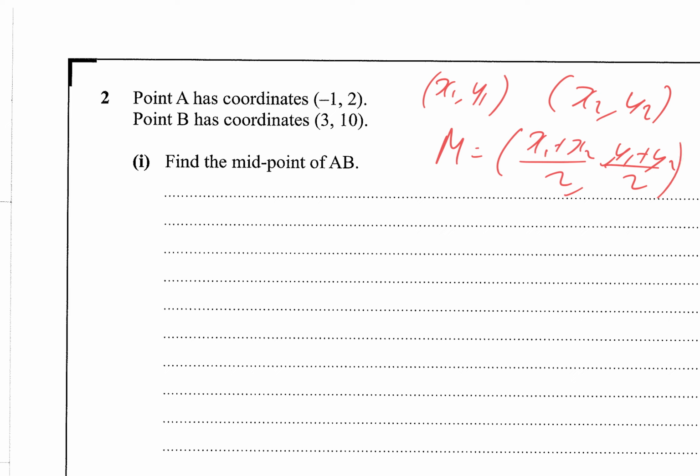For this one, it's (-1 plus 3) divided by 2, and (2 plus 10) divided by 2.